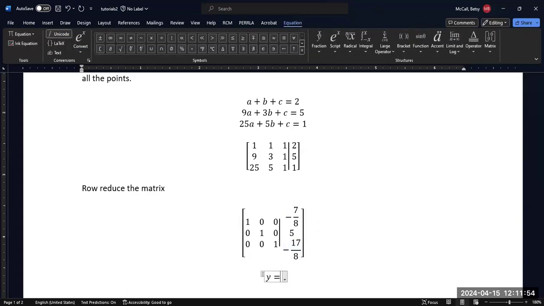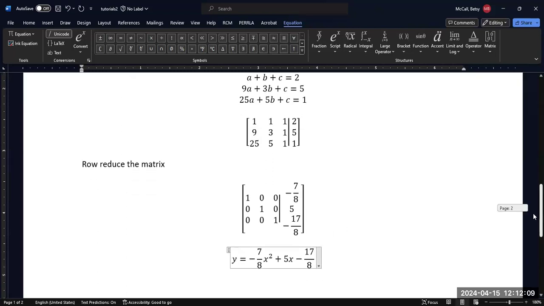And so it turns out that my corresponding polynomial is going to be -7/8 x squared plus 5x minus 17/8. And I could go ahead and plot this with all of the points to make sure that that in fact does work.